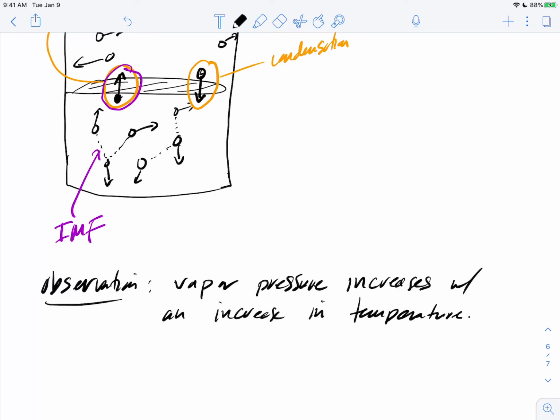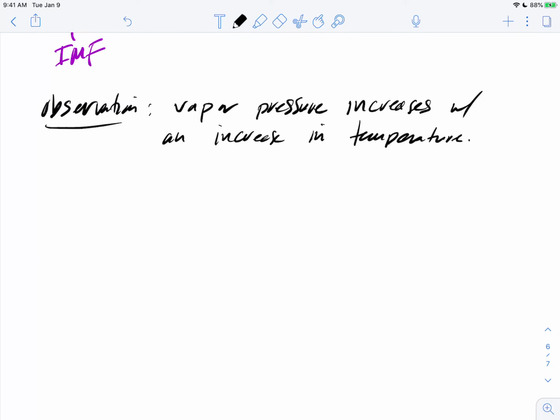Okay. And so to understand what's going on here, we have to know the relationship of temperature and kinetic energy. And so kinetic molecular theory explains this.